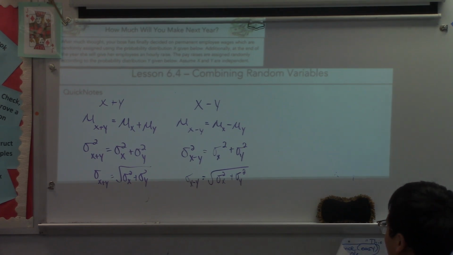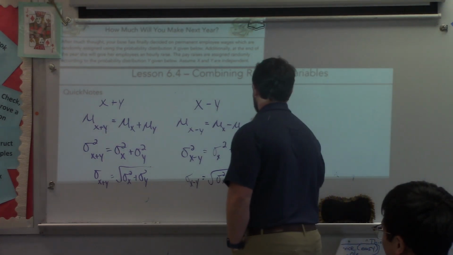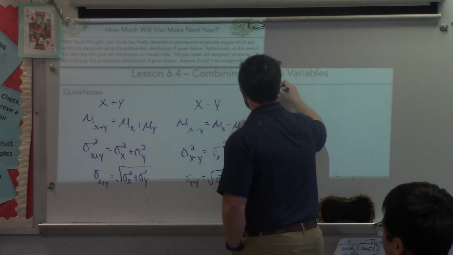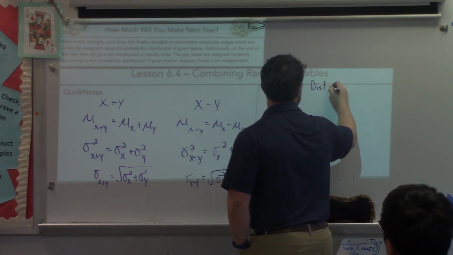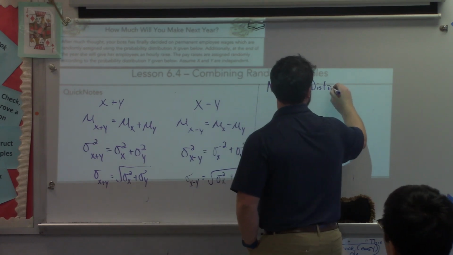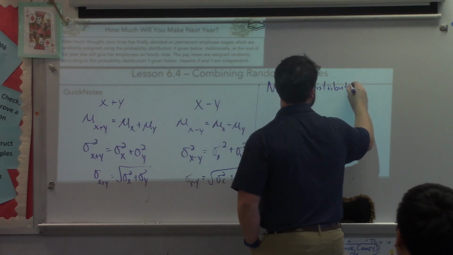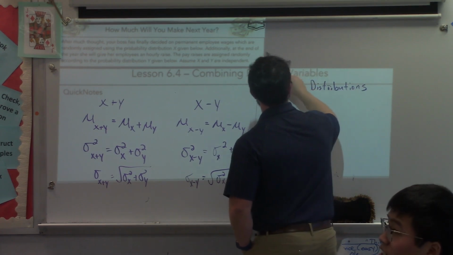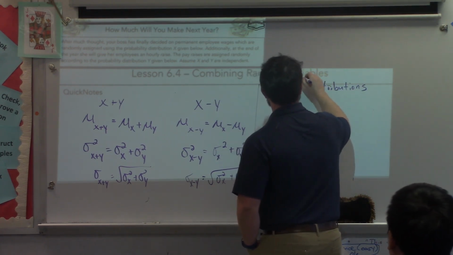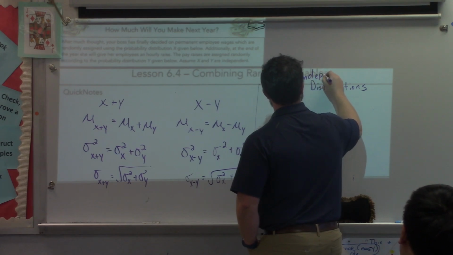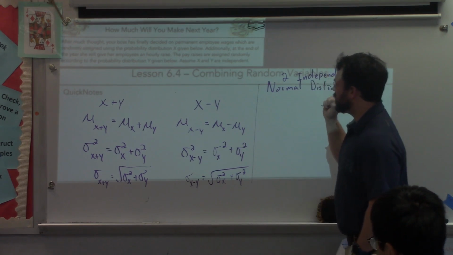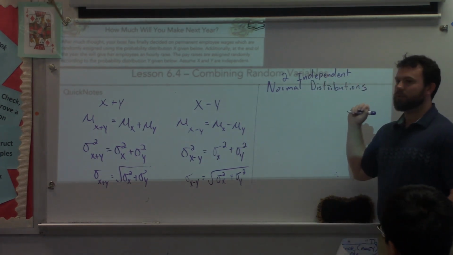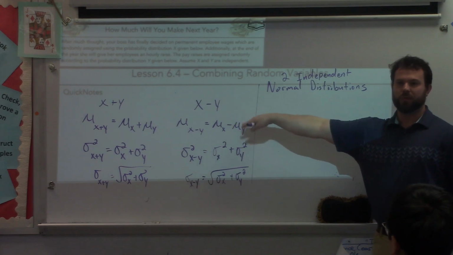So the last thing that we want to address is this, because this is actually going to show up basically for the rest of what we deal with: normal distributions. Let's say two independent normal distributions. Do note you can only use these rules if the distributions are what?